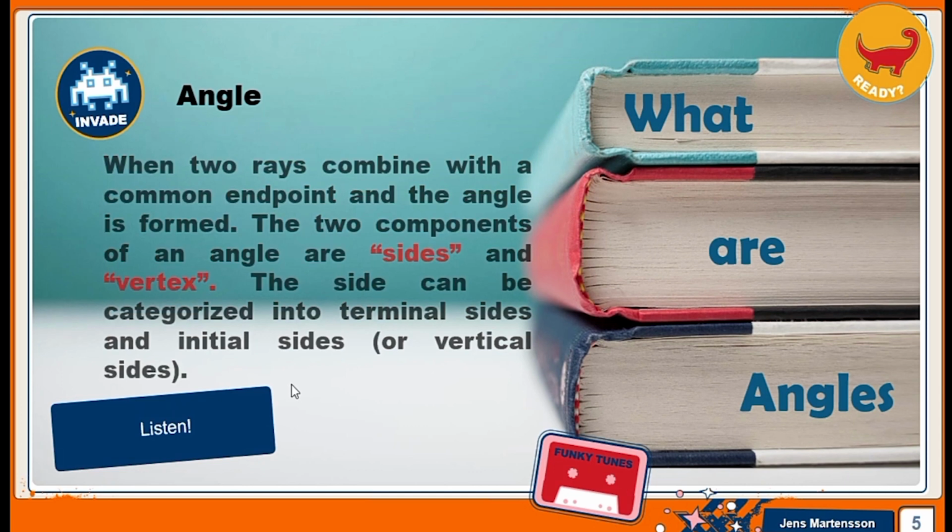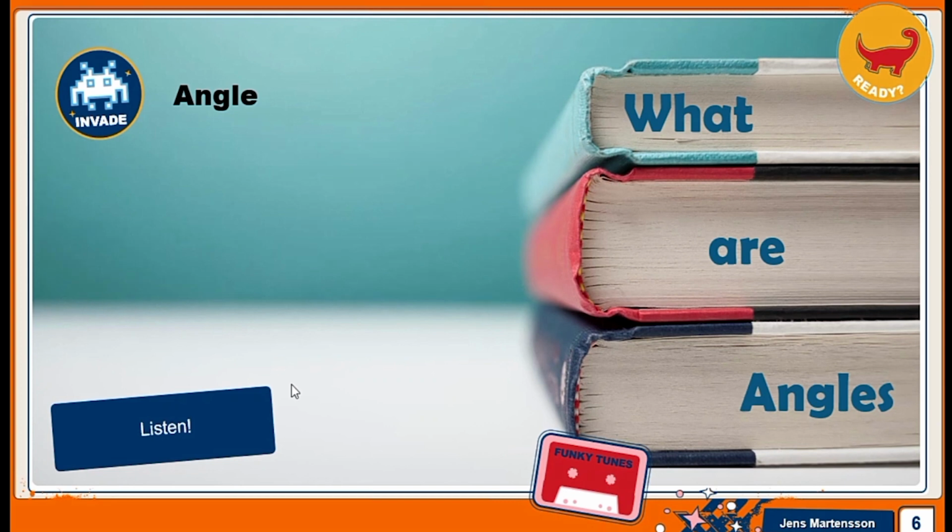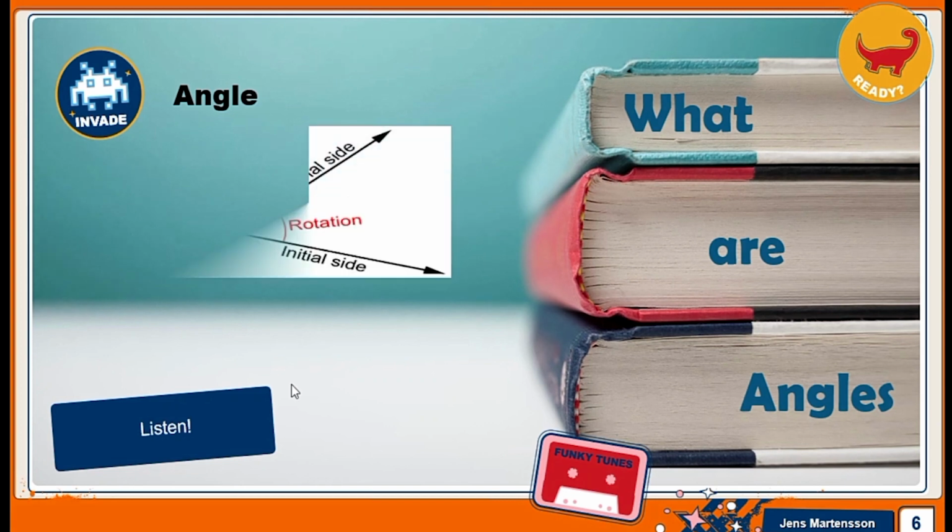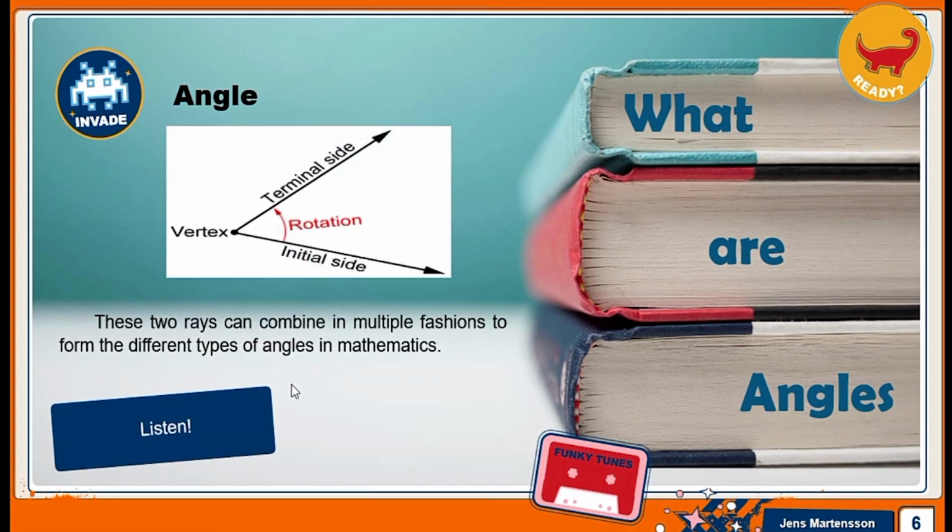Now, we have an illustration here so that you can get what is in the definition. This is called the vertex, where the two lines meet. This side or line is called the terminal side or initial side.